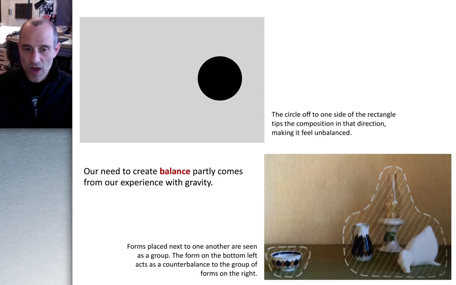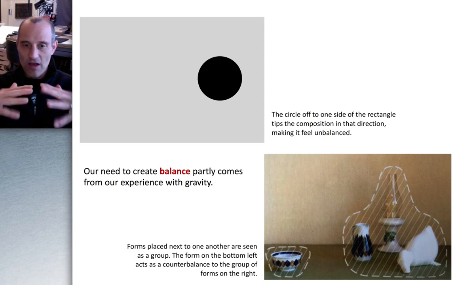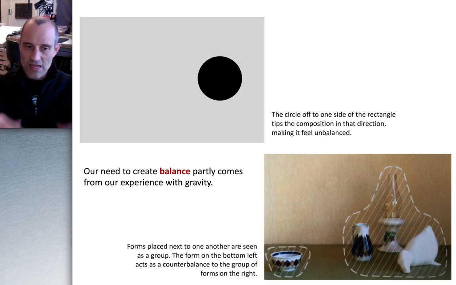So in the photo on the bottom right, you can see the forms that are placed next to one another again are seen as a group. And so the form on the bottom left acts as a counterbalance to that group of forms on the right, right?